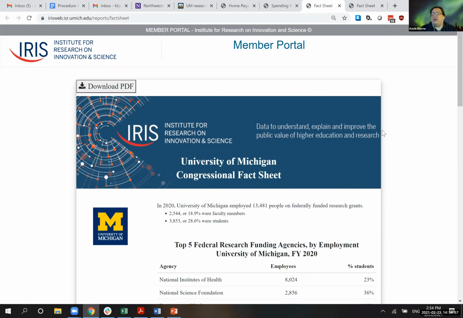So a very common thing is classified research. If you think about your research portfolio at your university, you may not communicate to IRIS classified research that's taking place on your campus. So Department of Defense research or something like that. You have the right to decide what research you share with IRIS.